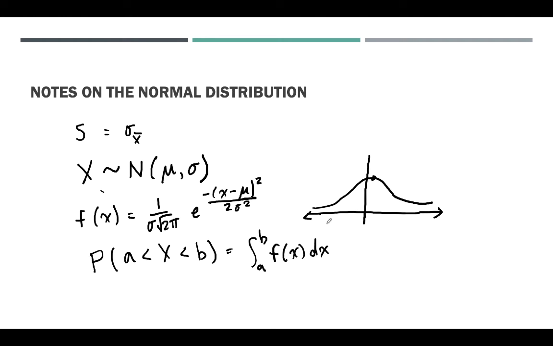There are a lot of shortcuts, and the main one is the one you saw in the second video, where you transform every value into a z-score, rescaling your curve into the standard one, which has a mean of 0 and a standard deviation of 1. When you're calculating a z-score, you're only calculating how many standard deviations you are from the mean.